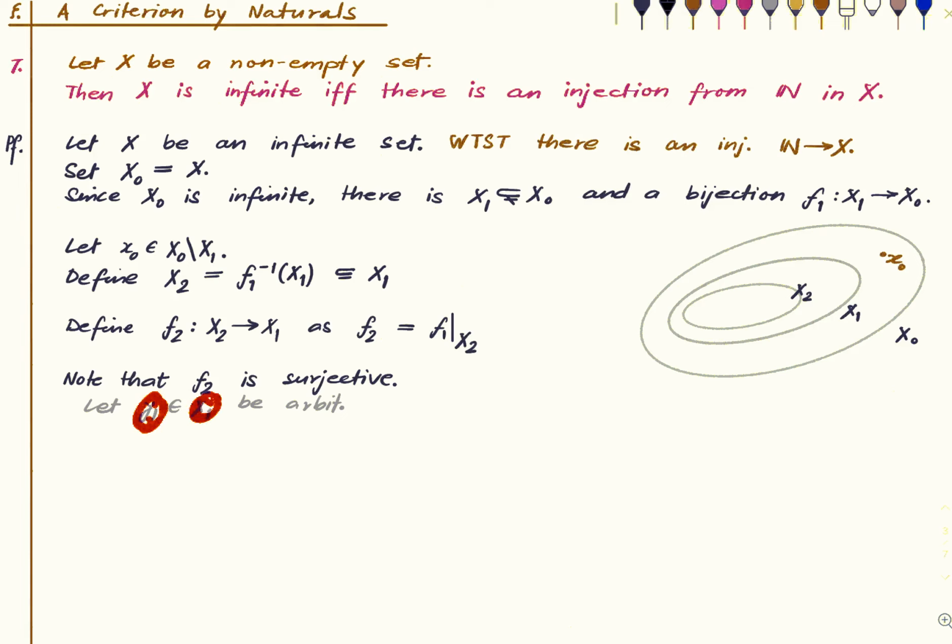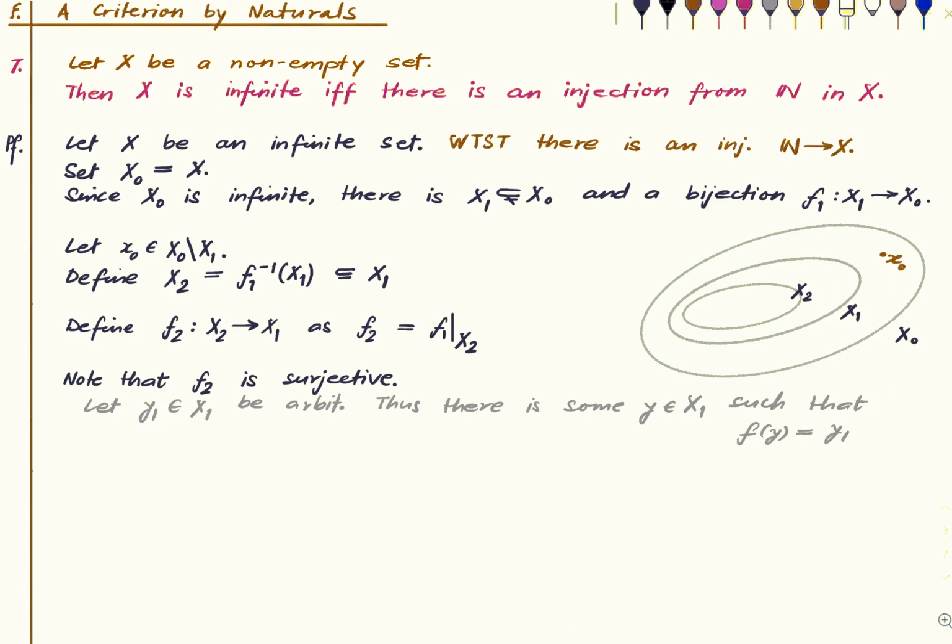Anything in X1 is in X0. So y1 is a point in X0 and therefore by surjectivity of the function F1, there is some y in the domain of F1 such that F1(y) is equal to y1.